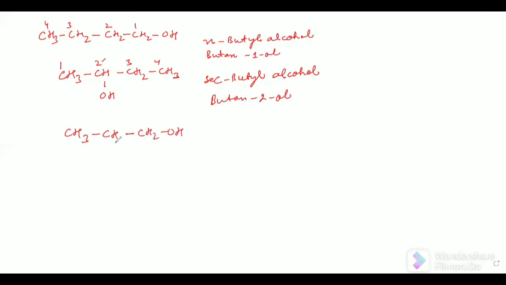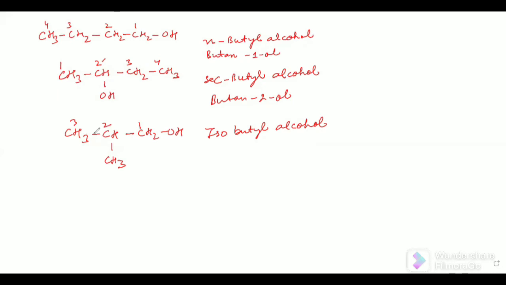Okay. Now next example here. Now this will be isobutyl. Iso because this methyl group is present as a branch. So isobutyl alcohol. And if we do the IUPAC naming, we find the longest chain. So this one is the longest chain and we'll start numbering from here. You can see that on the second carbon, there is a methyl group. And how many carbons in the longest chain? 3.